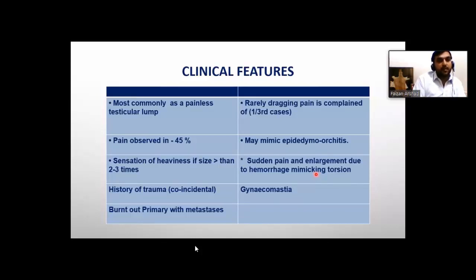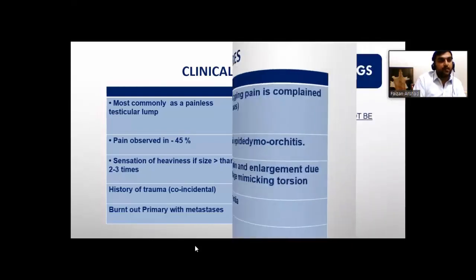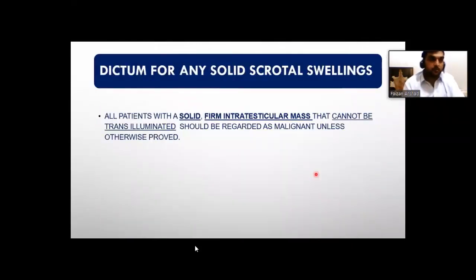Rarely, dragging pain is a complaint in one third of cases. It may mimic epididymo-orchitis, or sudden pain and enlargement due to hemorrhage may mimic torsion, and gynecomastia. Dictum: all patients with a solid intratesticular mass that cannot be transilluminated should be regarded as malignant unless proven otherwise.